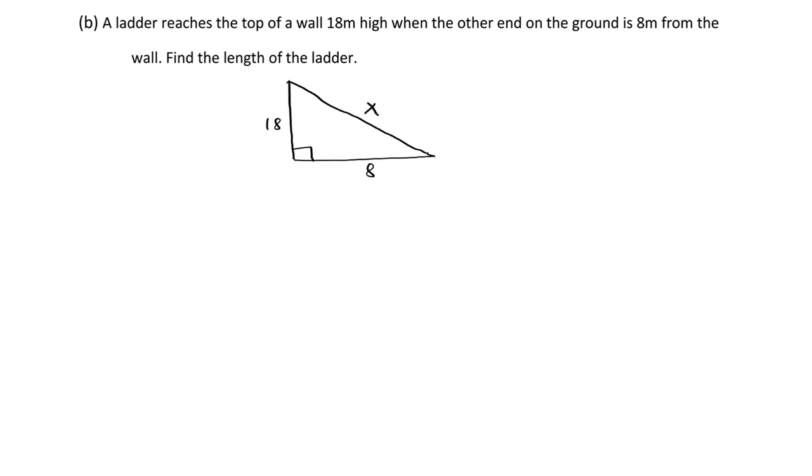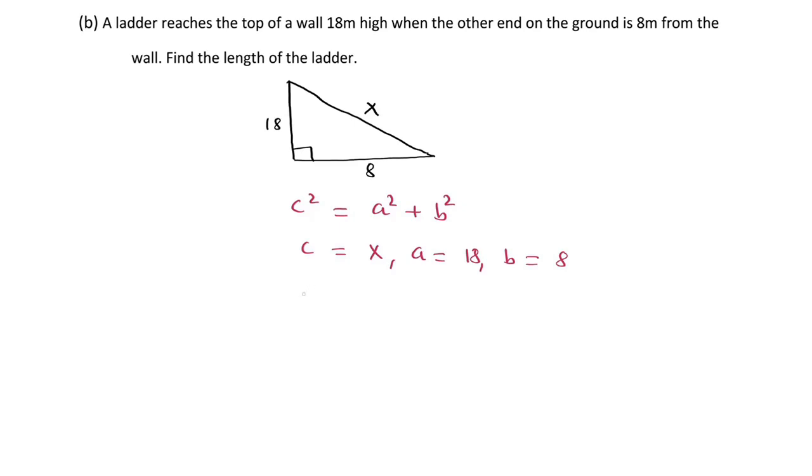In order to find the value of x, we are going to use the Pythagoras theorem, which says c squared equals a squared plus b squared. From our sketch, c equals x, a equals 18, and b equals 8. Let us substitute these values into our formula.